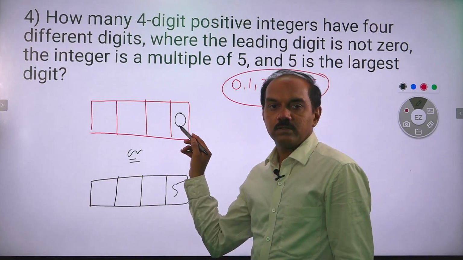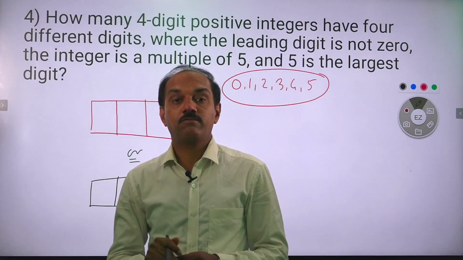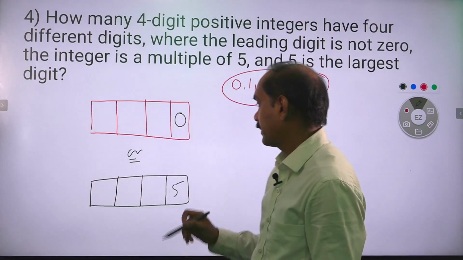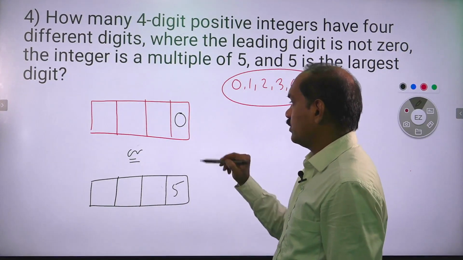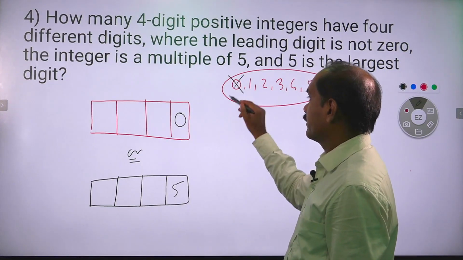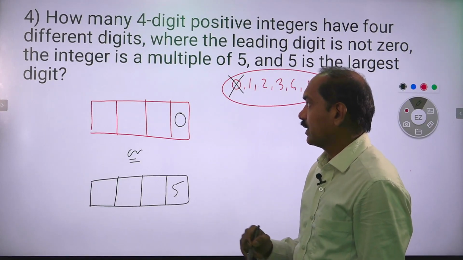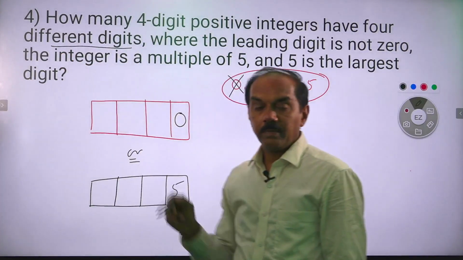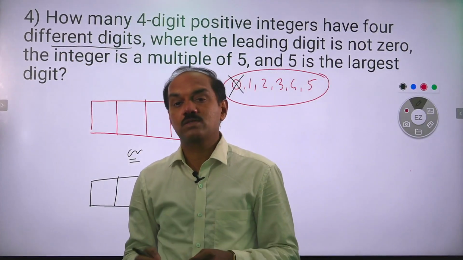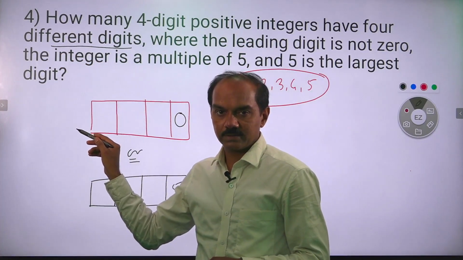Once you write 0 here, 0 is made fixed, and he is saying different digits, meaning you are not allowed to use this 0 again anywhere in these 3 boxes, right?